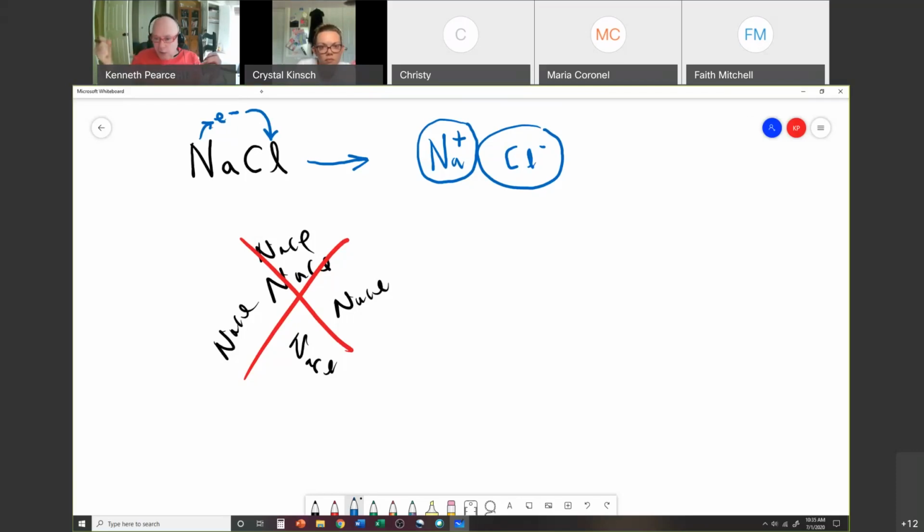You've got to yank it off. That's called the ionization potential, one of our trends. It's always endothermic. It takes energy.